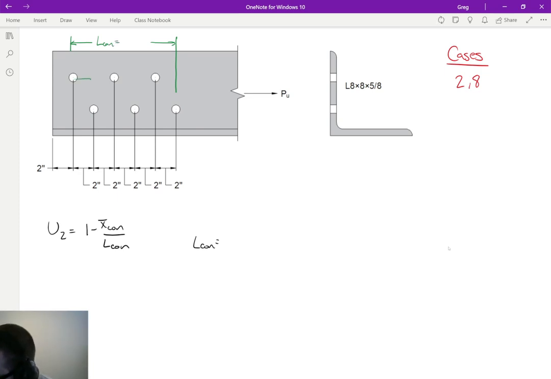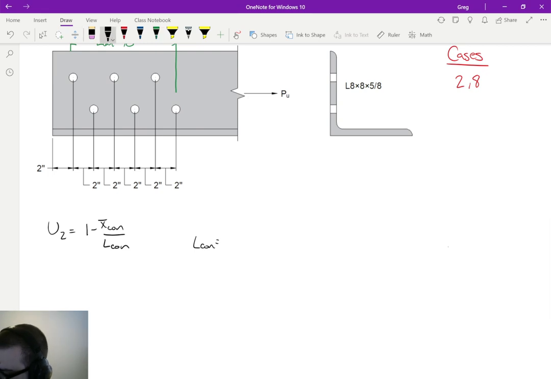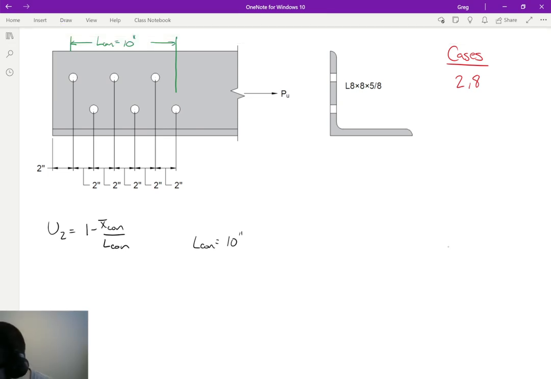It's 2, 4, 6, 8, 10 inches. Make sure you're being diligent and detailed there. Sometimes it's easy to fall into the trap where the bolts are spaced 2 inches apart and there are 6 bolts, so it's 12. Now, 6 bolts means 5 spaces, so make sure you're following along with that.